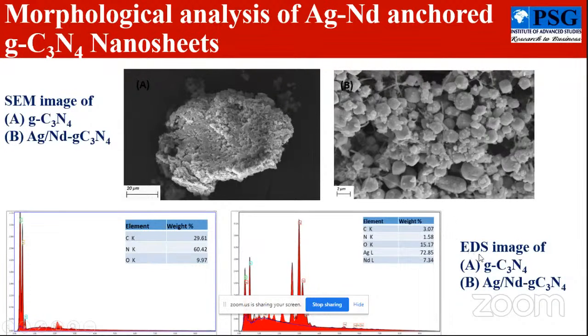We have also done the EDS imaging of g-C3N4 and AgNd g-C3N4, and here are the elements with their weight percentage. The strong intense bands of carbon, nitrogen, Ag and Nd confirm the presence of these elements and the formation of the material.